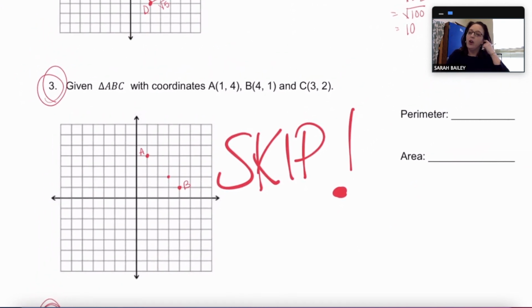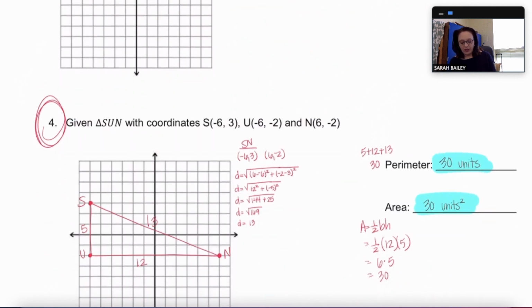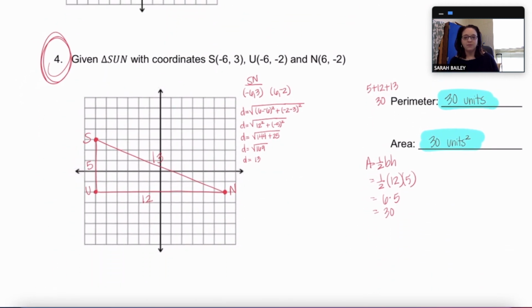You can skip it. When I graphed points A, B, and C, we can see that they're all making a straight line. So I'm not really sure how that would be a triangle. Clearly the coordinates, one of them needs to be adjusted. But you can just skip number 3. All right, and then here's number 4.